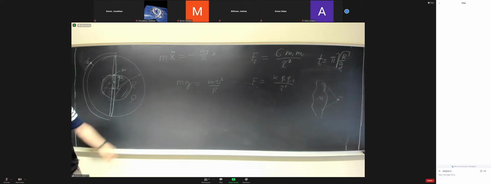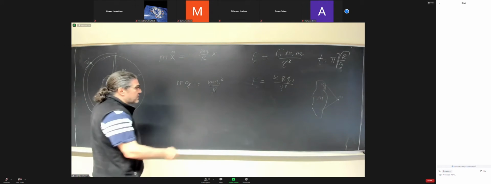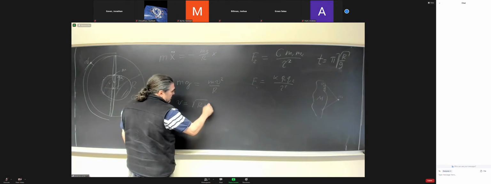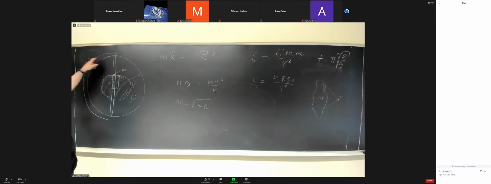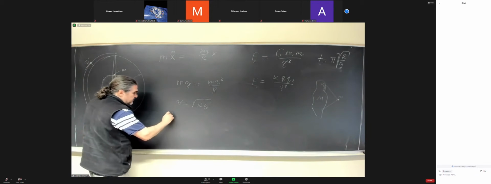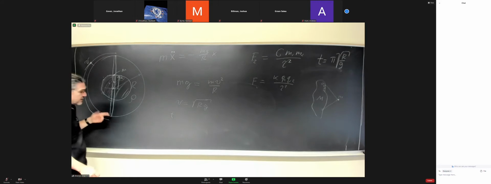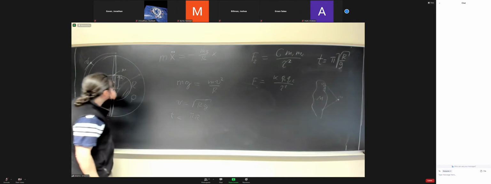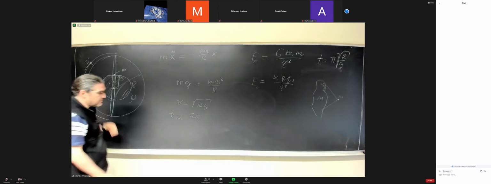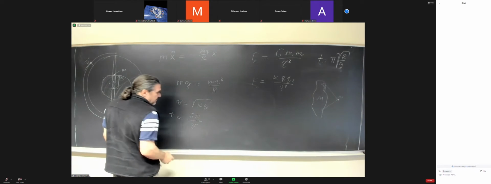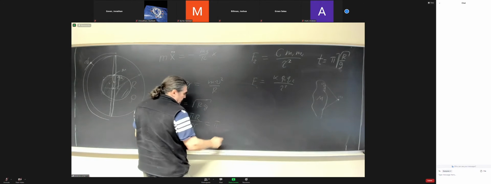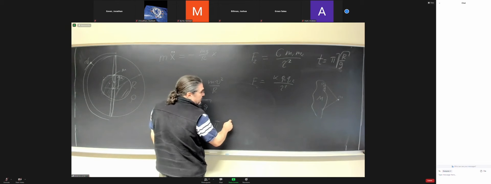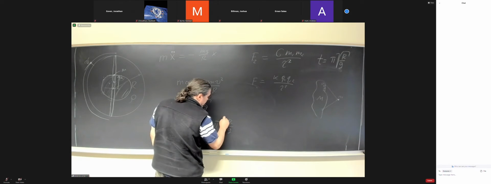It's the same F equals ma. So what we have here is that velocity equals square root of rg. That's the velocity of the satellite, and the time which it takes to go from here to here is, of course, equal to pi r, distance, divided by velocity, which is pi times square root of r divided by g.